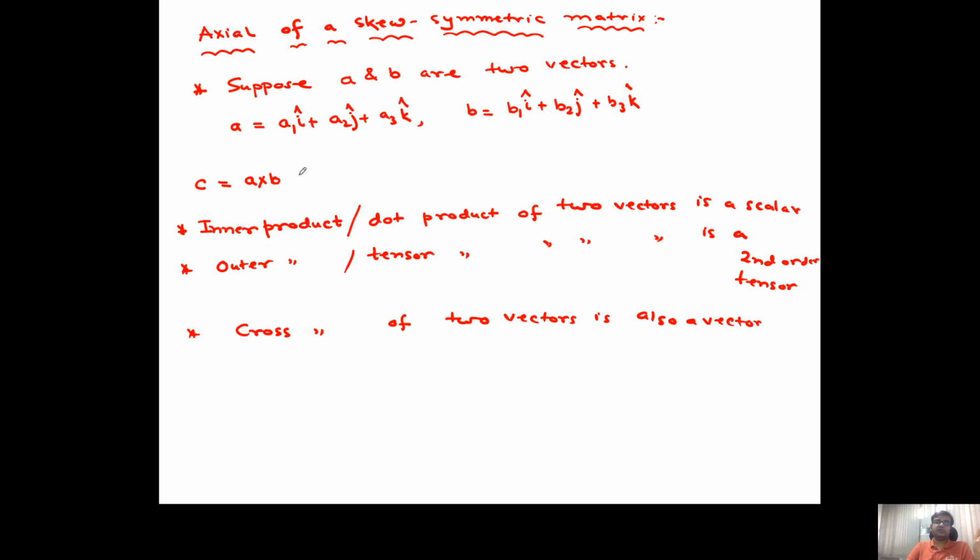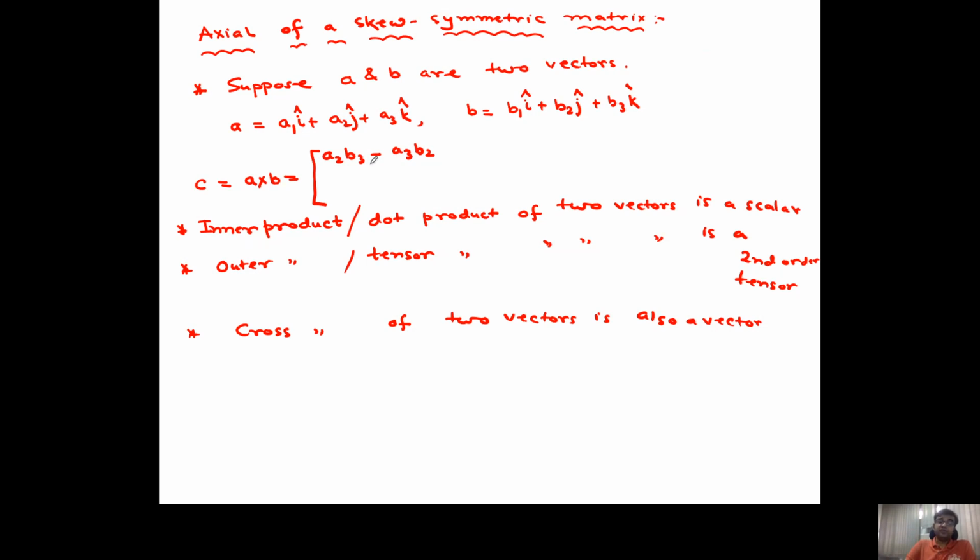So C is A cross B, right? And if it is A cross B, how will it look? If you look into the first component, you leave out the first index, so it will become A2 B3 minus A3 B2.